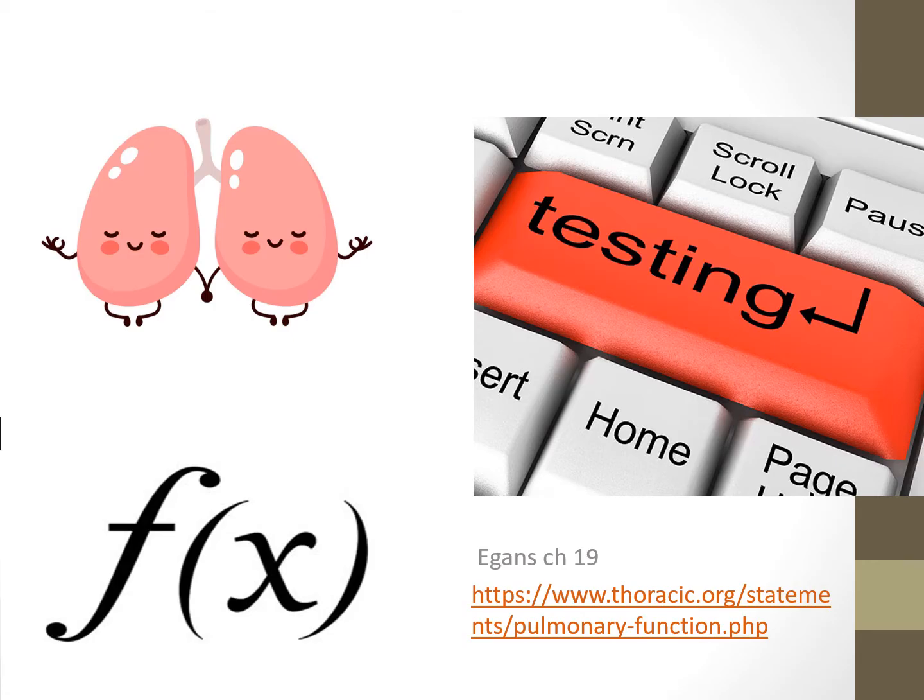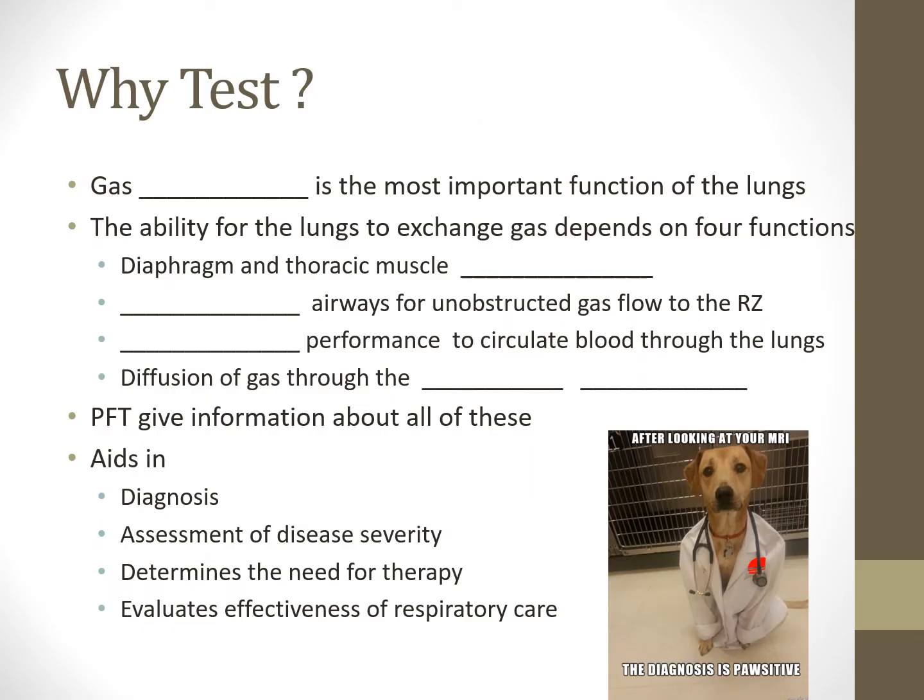So let's get started. Gas exchange is the most important function of the lungs, and we talked about this in pulmonary A&P. When we're looking at someone's lungs, it's great if gas goes through their conducting airways, but we need that gas ultimately not just to go through the conducting areas, but also to get into the respiratory zone and provide that exchange of gas, right?